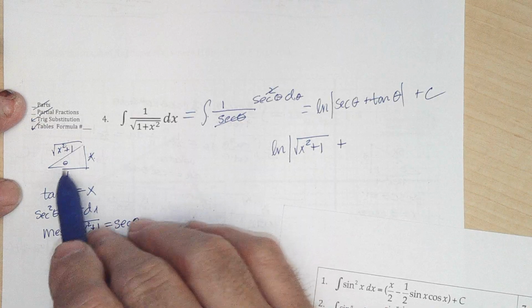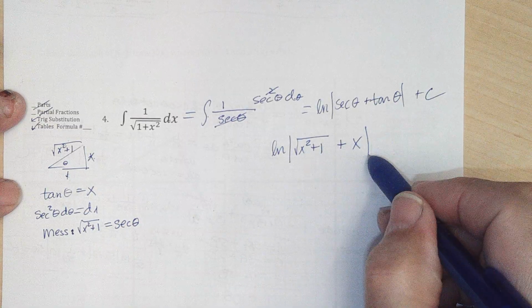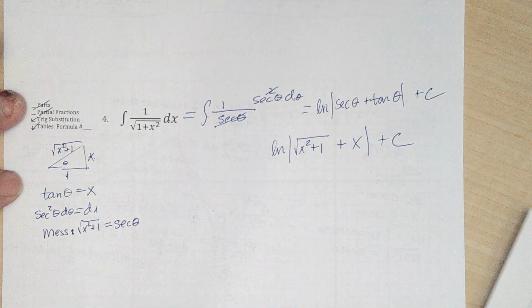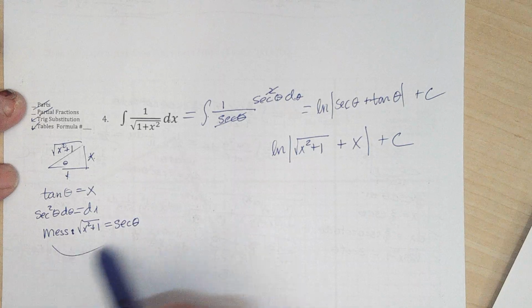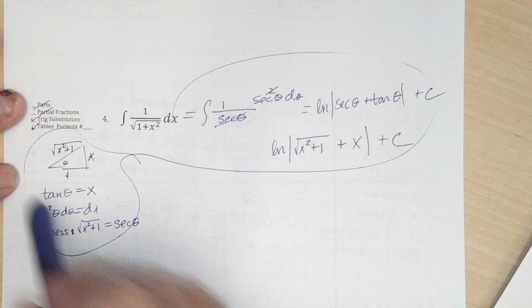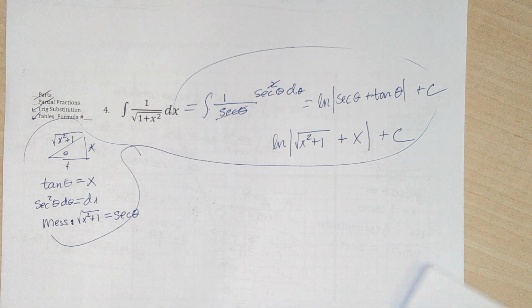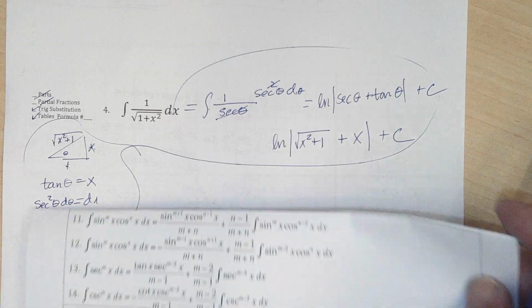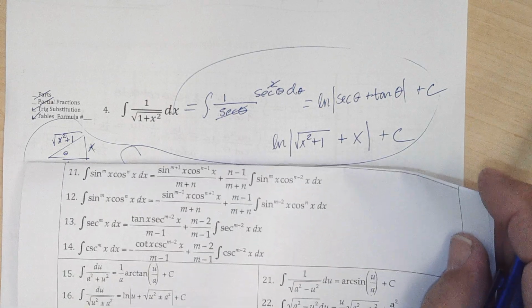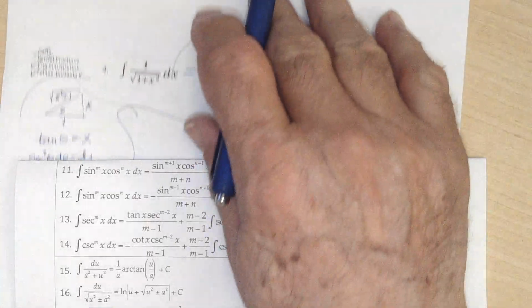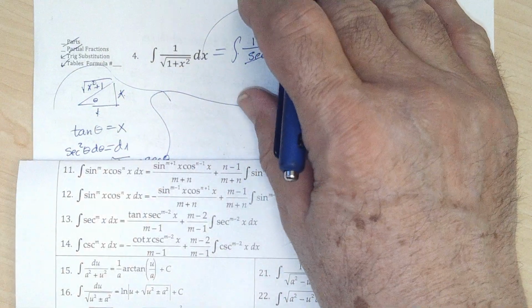Tangent is opposite over adjacent, so that's plus x. So there's doing trig sub. Now, there is a formula for that one. That could very well be done with formula 16.